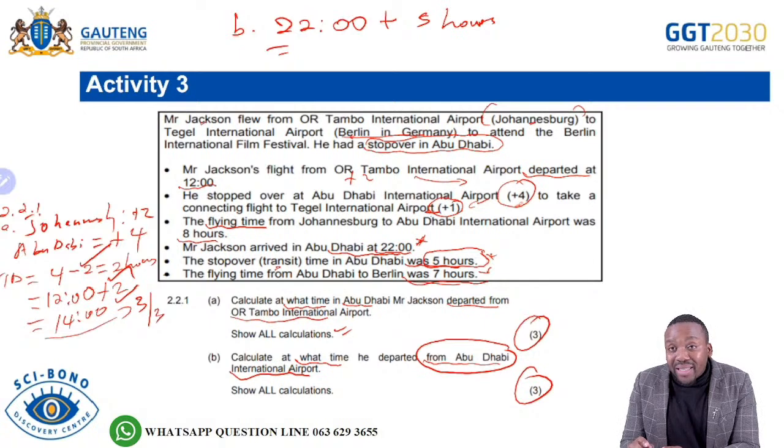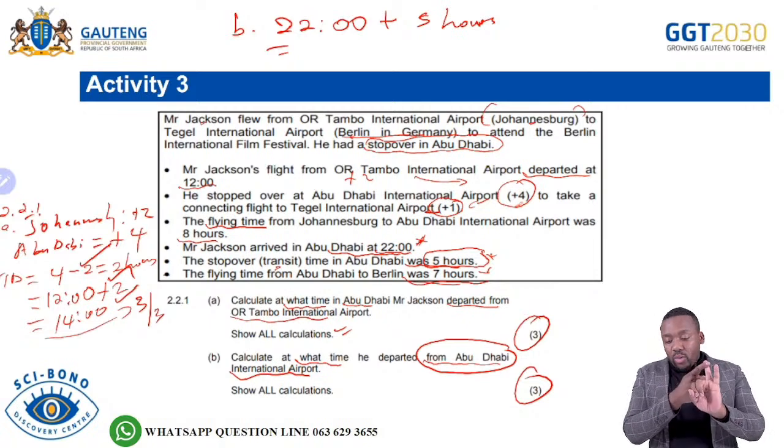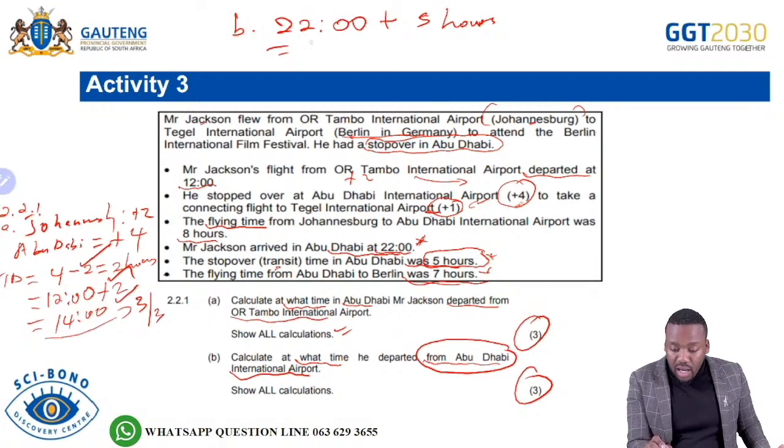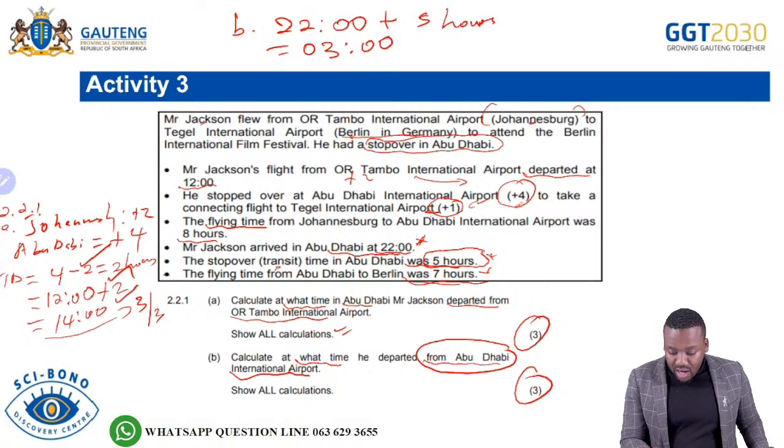This is the 5 hours that he had to stop and wait there by the airport. 22, 23, 24, meaning 12. Then 1, 2, 3. Then what are you going to have? 3 o'clock.